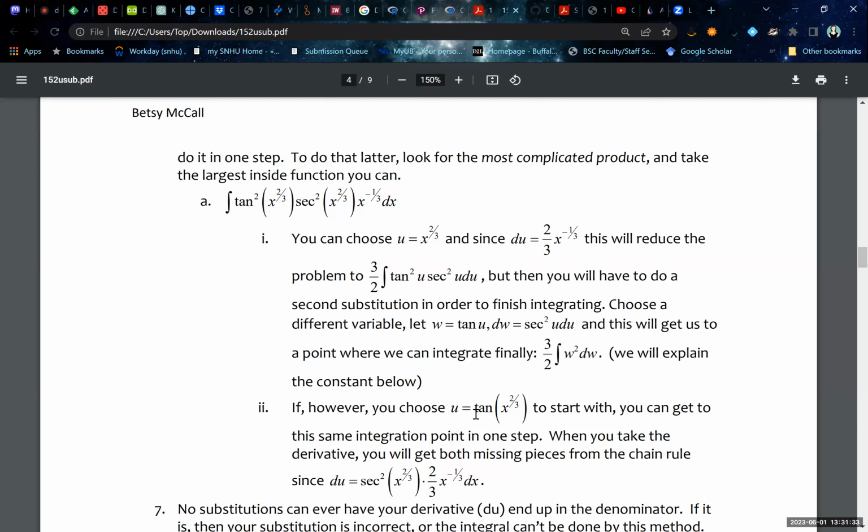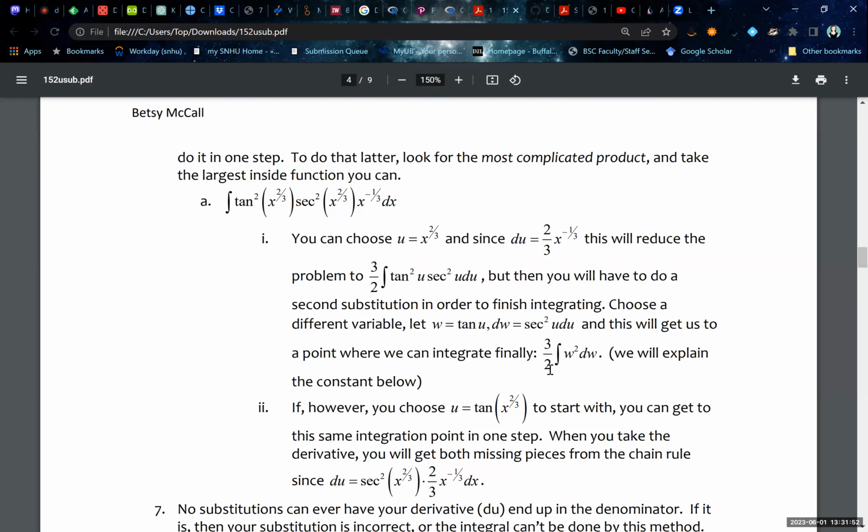So if it can be done in one step, it's easier to pick a slightly more complex substitution and do it in one step, taking advantage of the chain rule, accounting for some of the problem, rather than doing it in two stages.